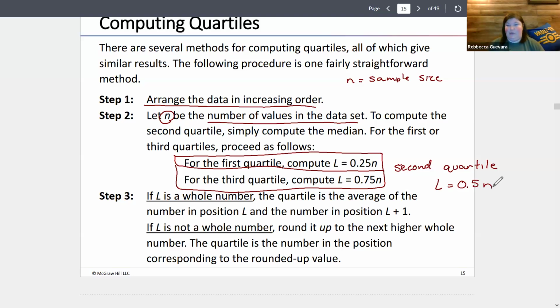So if you did 0.5 times n, it's going to help you find this. What this is doing is telling me the location in my data. So I'd have to go through my whole data, arranged from smallest to largest, and count where this value is. This is going to tell me the location of my quartiles.